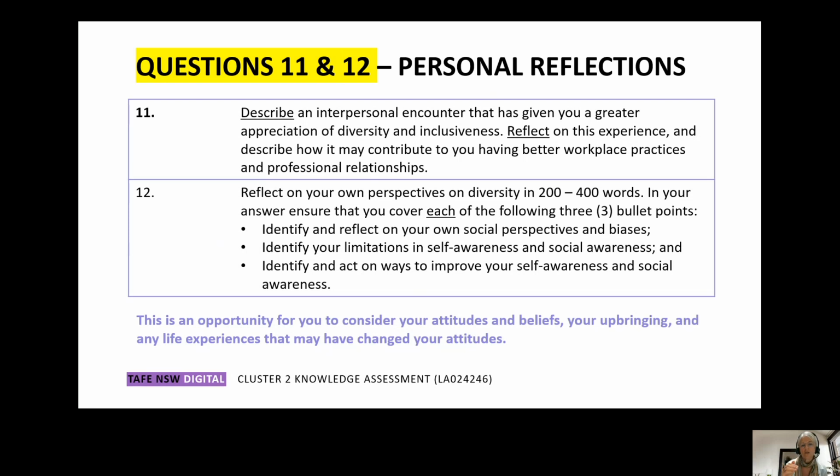So this is getting you to think and reflect on your experiences. So you're going to report in questions 11 and 12 on your own personal experiences and reflections.